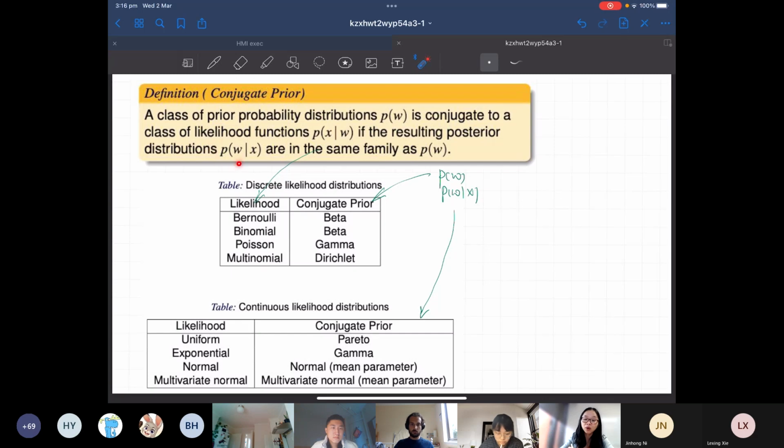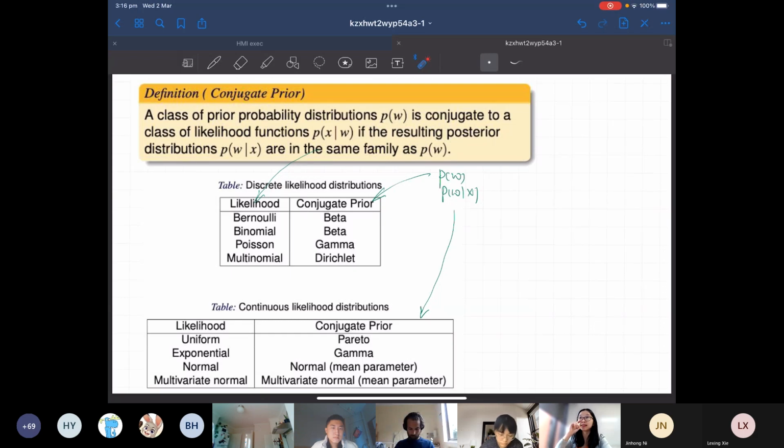So we wonder what the probability of W given X is if we have some way of specifying the prior knowledge P of W. Conjugate prior is basically this class of prior and posterior distributions, P of W and P of W given X, that fall into the same parametric class.